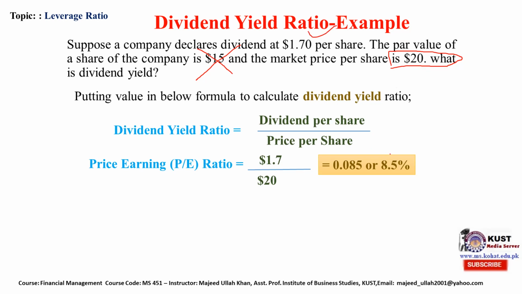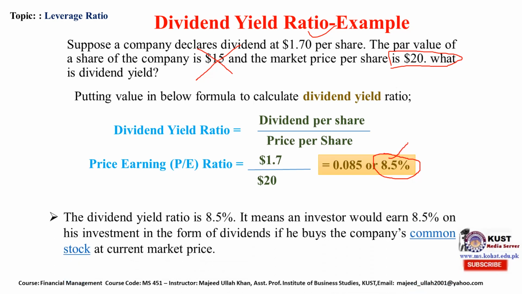It means it gives 8.5% returns or dividend yield to this investor. The dividend yield ratio is 8.5%. It means that the investor would earn 8.5% on his investment in the form of dividend if he buys the company's common stock at the current market price. This is all about today's lecture. Thank you.